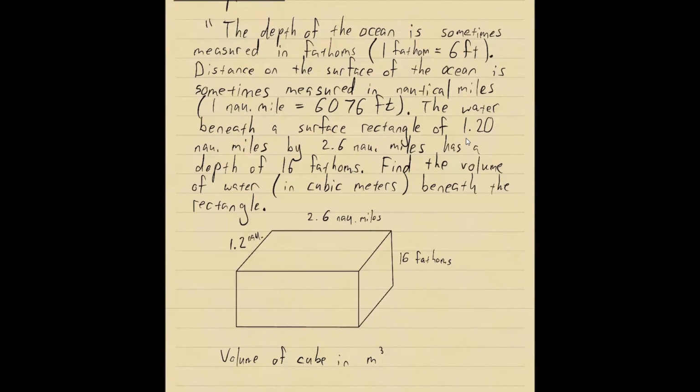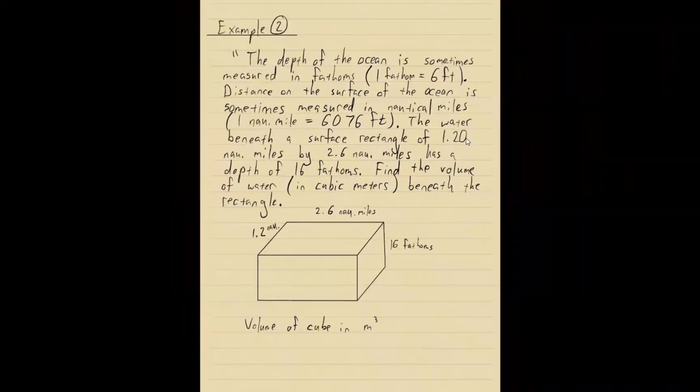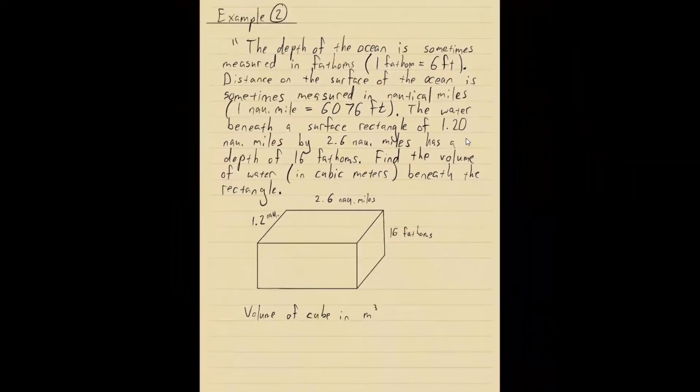All right, so we have a lot of units to convert, so let's get started. Let's write down the unit conversions that the problem tells us: 1 nautical mile, which I'm just going to leave as NAU, is equal to 6,076 feet.